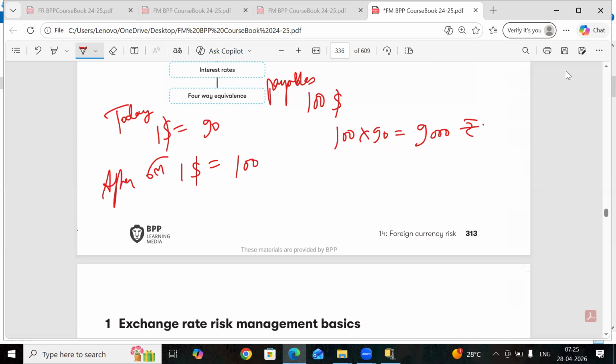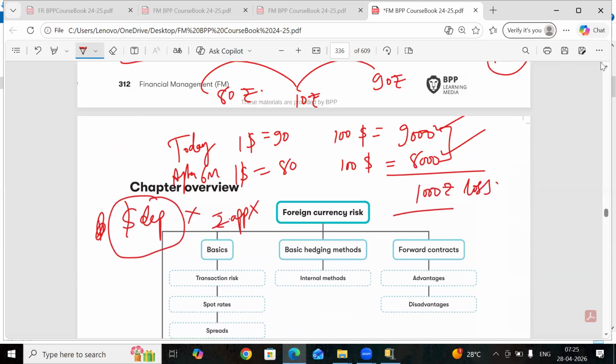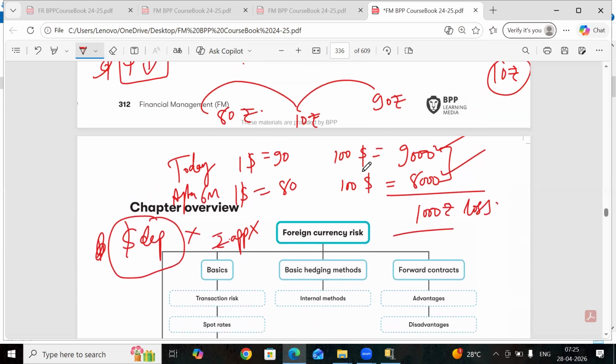Now again I'll tell you one thing. If today the exchange rate is 90, in future $1 is 80. So when the person from the US pays me $100, I will go to the bank. Today if he had paid me $100, I would have gone to the bank and got 9,000. After 6 months, when he pays me $100, I'll get 8,000.